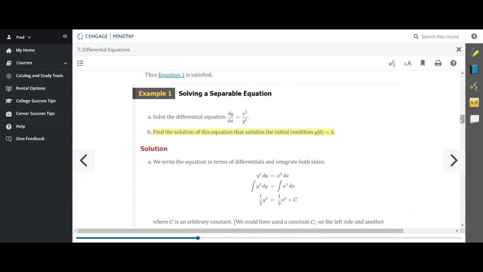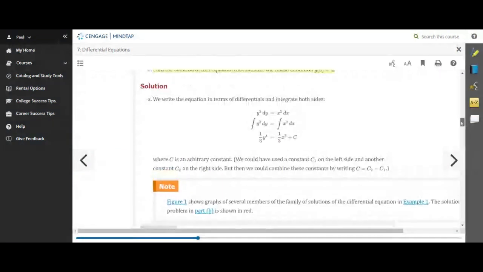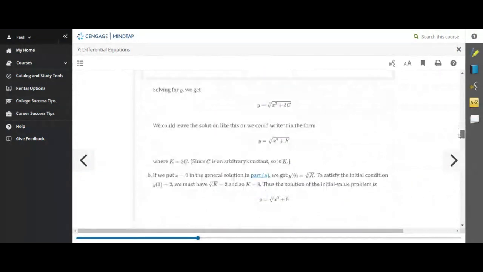So again, the general solution is y equals the cube root of x cubed plus k. But if we put in the initial condition, we get the specific solution, y equals the cube root of x cubed plus 8.